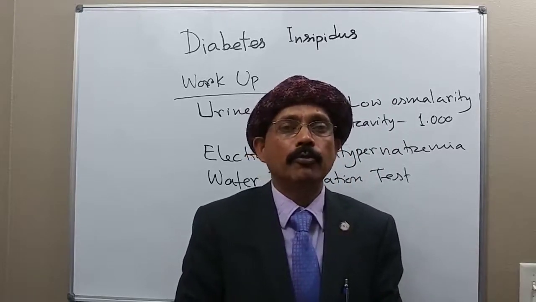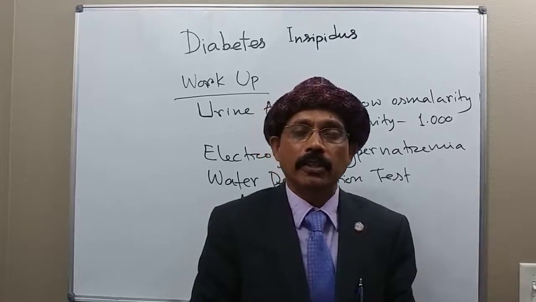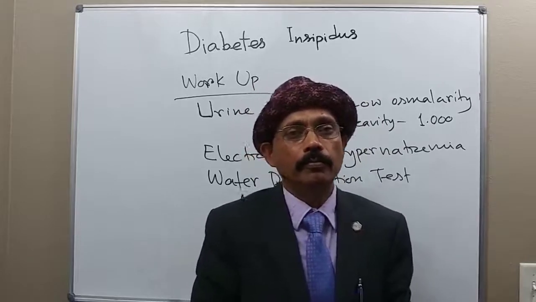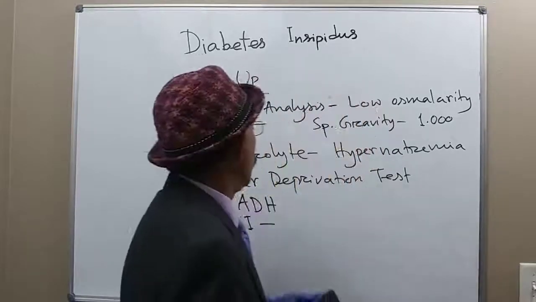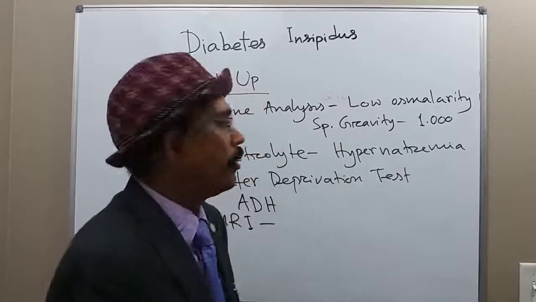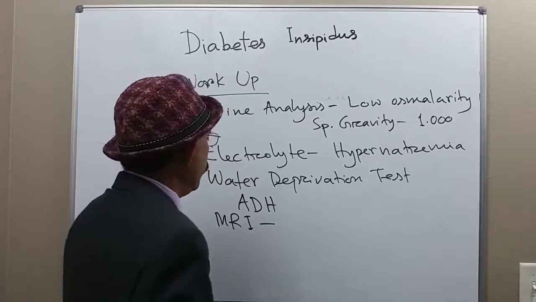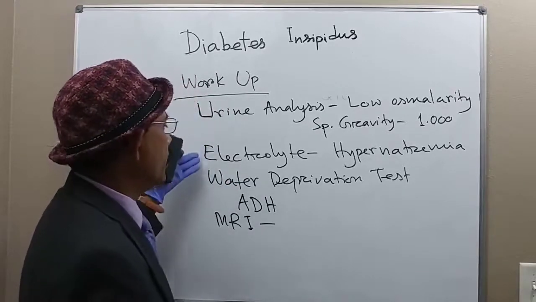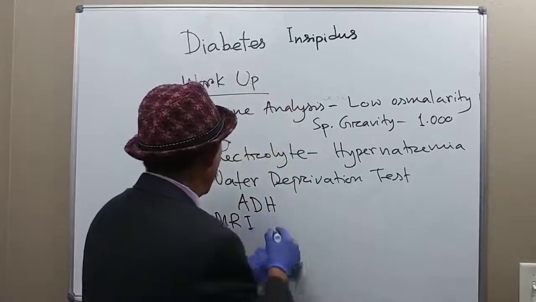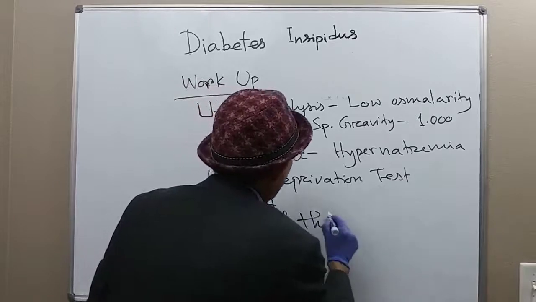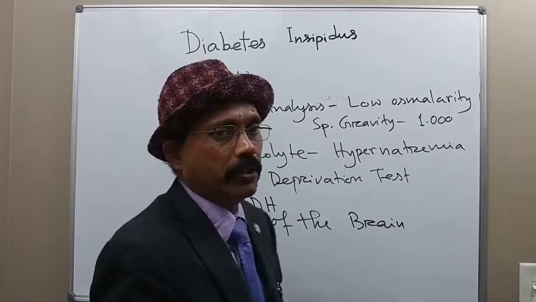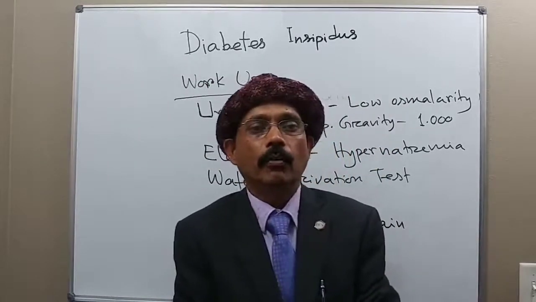In that condition, the posterior pituitary may be damaged and the person may develop diabetes insipidus in the initial few days or months, because that is the storehouse of the antidiuretic hormone or vasopressin. We got that? So we can do urine analysis, electrolytes, water deprivation test, and MRI of the brain and head. Very good, we got the workup.